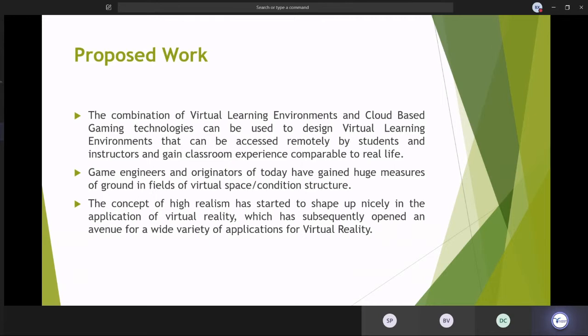As of now, virtual learning environments utilize the main technology of multimedia for their purposes, such as recordings and PowerPoint presentations, to help in the communication of instructive ideas.